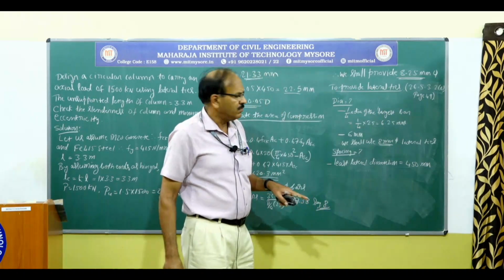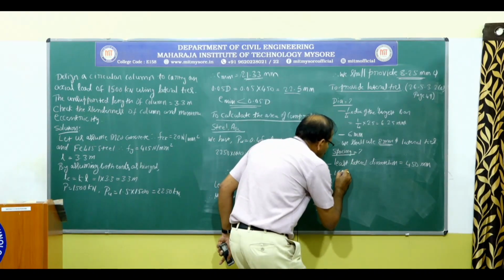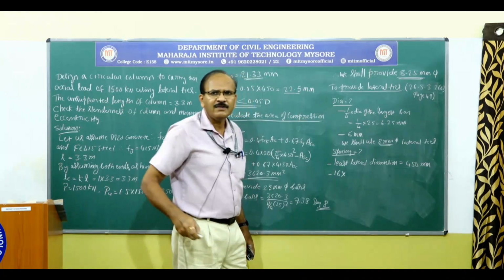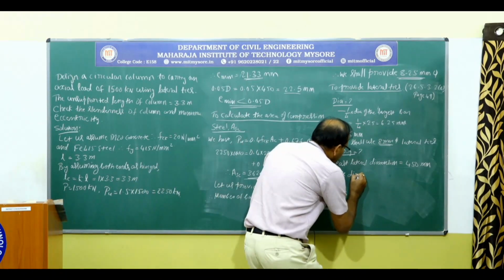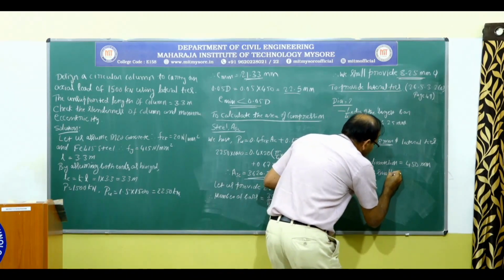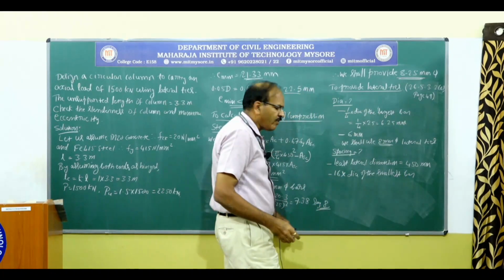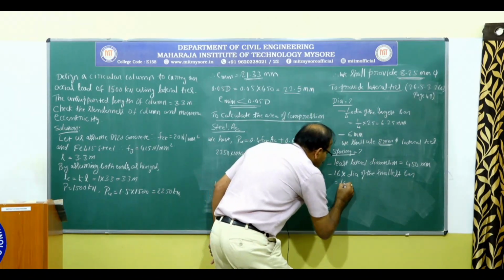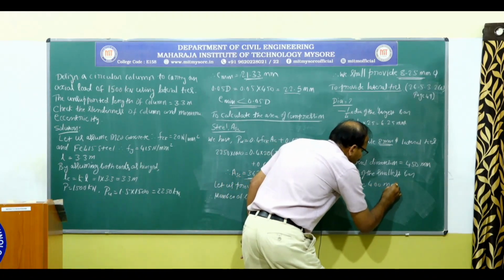the circular column. And the code also says the spacing should not be greater than 16 times the dia of the smallest bar. Here the smallest bar is again 25 millimeter, so 16 multiplied by 25 is equal to 400 millimeter.